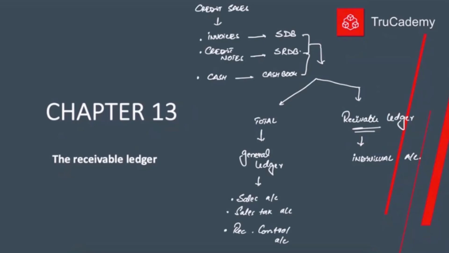For credit customer A, we will have a separate T account. For credit customer B, another account, and credit customer C, another account, and so on.